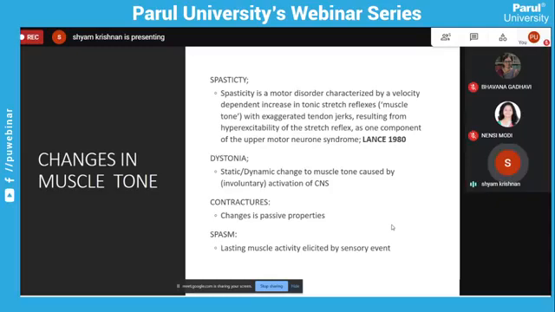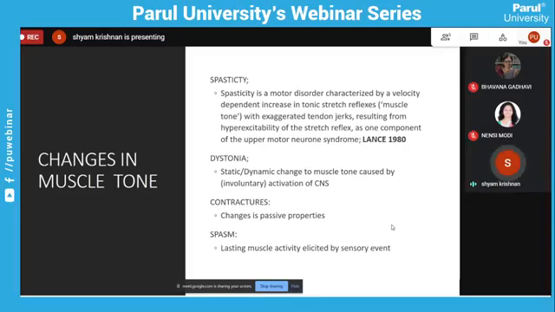At that point of time, it has nothing to do with the actin myosin cross linkage formation or anything. It is just because the connective tissue property has changed, the muscle length has been readjusted to a new length, and it is essentially a structural change which has happened in the connective tissue part of the muscle.